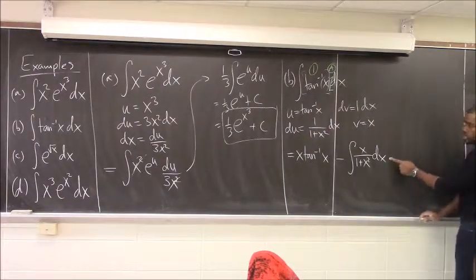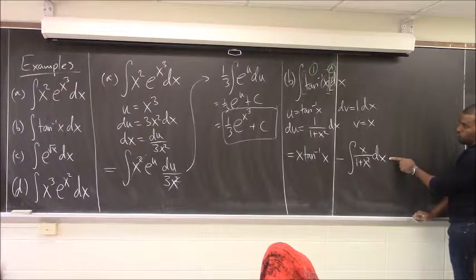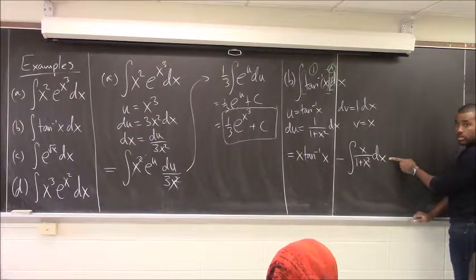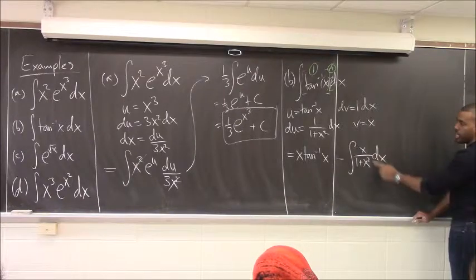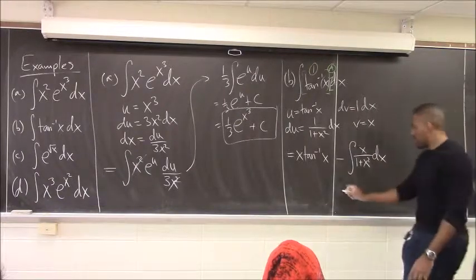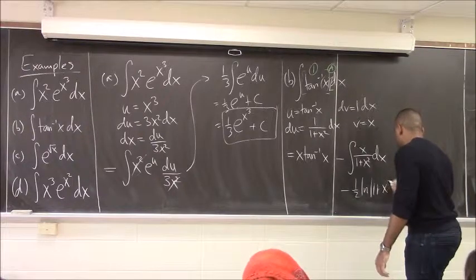How would you do this integral? Substitution. What would you substitute? Right. U equals 1 plus x squared. Your du is going to give you the 2x dx. You're going to factor out a half. Ultimately, you get 1/2 ln of 1 plus x squared.